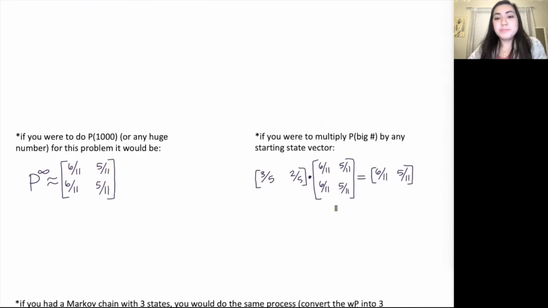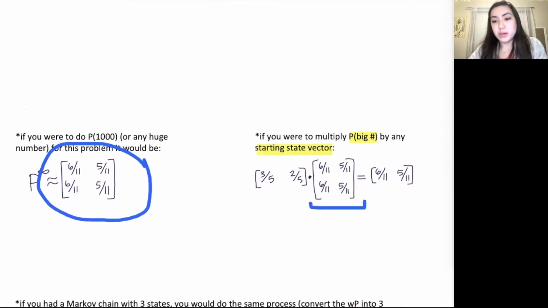Next, we'll look at this one. I wrote that if you were to multiply P raised to a huge number by any starting state vector, it would look like this. So what I did was I took this guy, we already talked about how that would be P raised to a big number, and multiplied it by some random starting state vector I made up. And it gave me my stable vector.